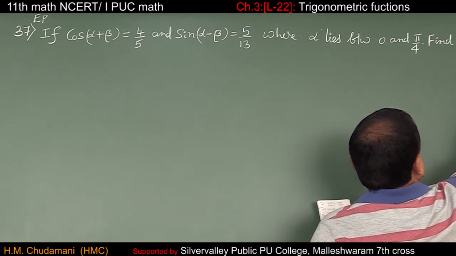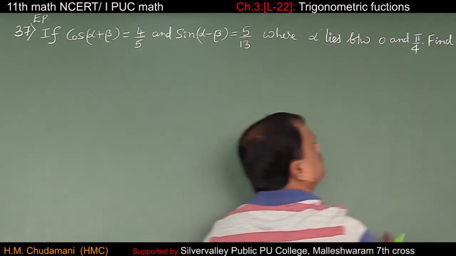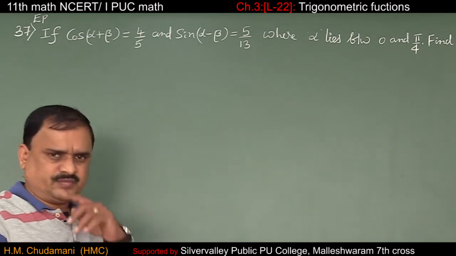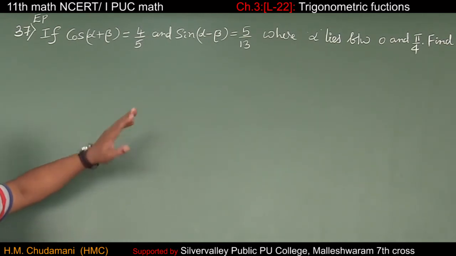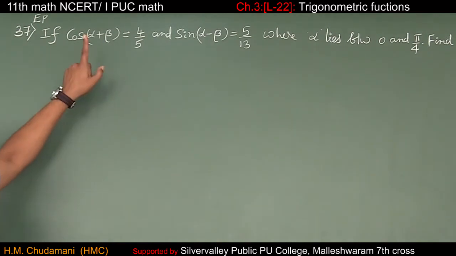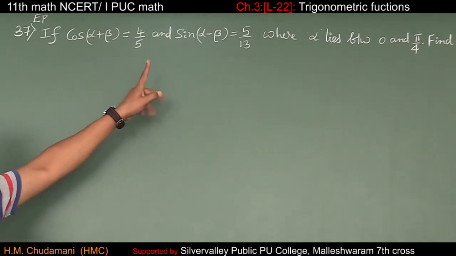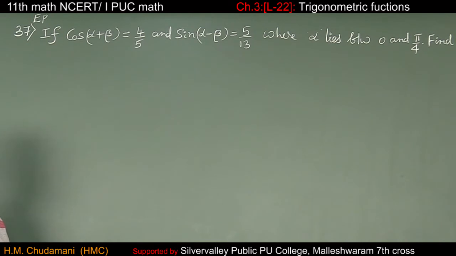Find tan 2 alpha. Tan 2 alpha can be written as 2 tan alpha by 1 minus tan square alpha is the formula. But tan alpha we don't know. Alpha plus beta is there, alpha minus beta is there. So a bit unusual problem. You need little practice.